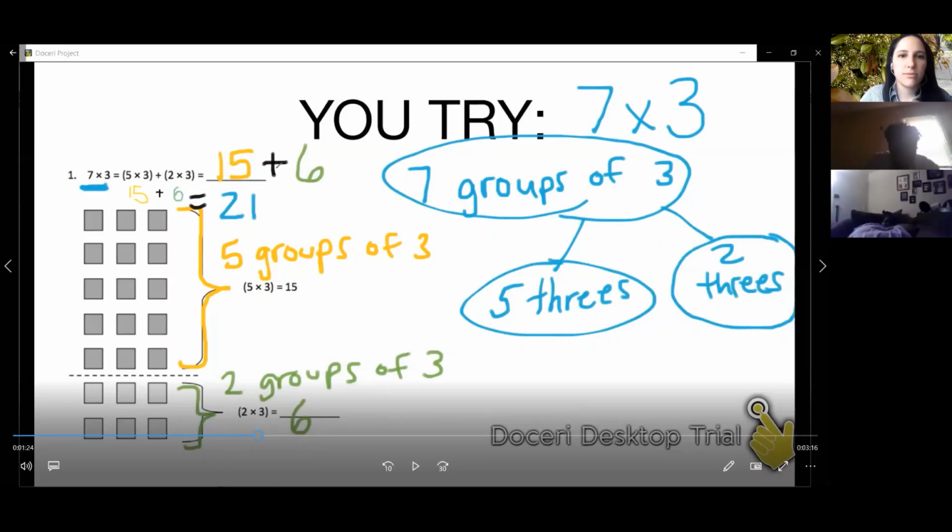So where did the 15 come from? The 15 came from 5 times 3. 15, 16, 17, 18, 19, 20, 21. Okay. Where did the 6 come from? 2 times 3.